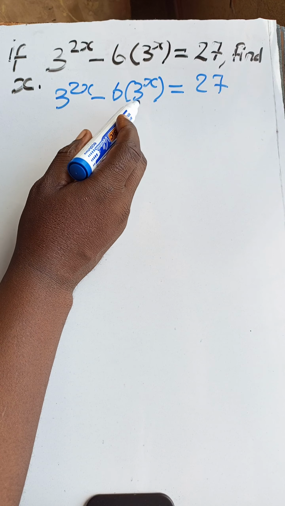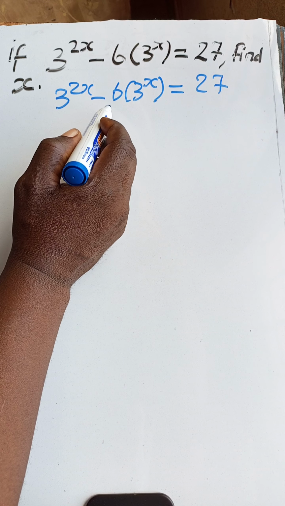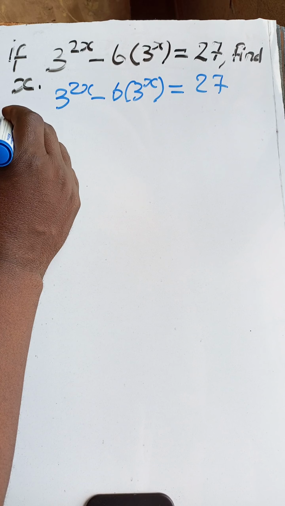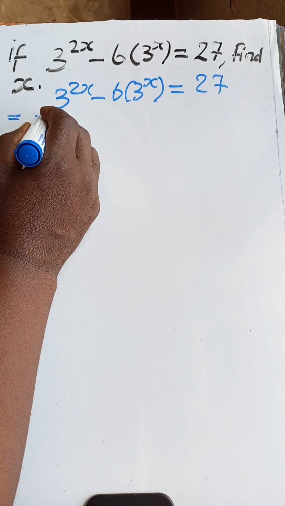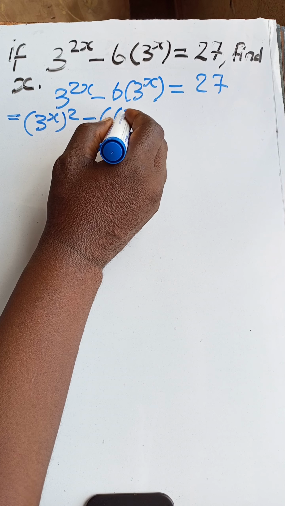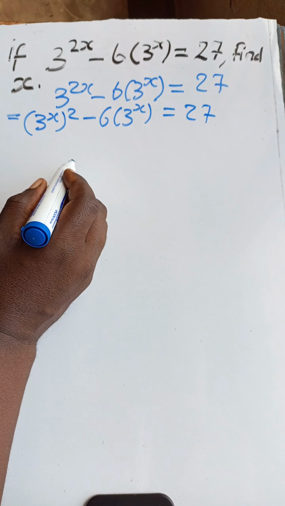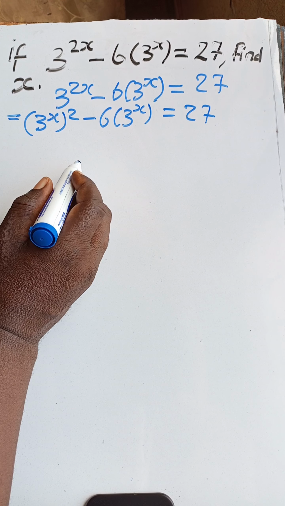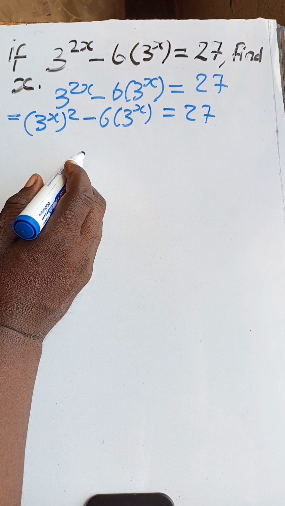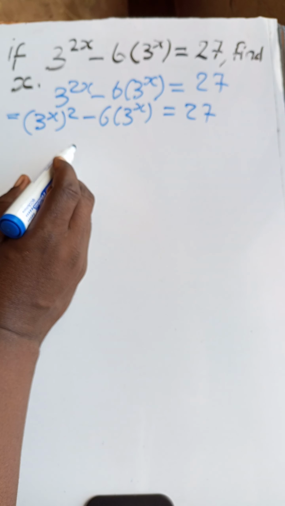We see here that we have an expression in terms of 3 to the power x. So let's write it out clearly. Now this is the same as 3 to the power x squared minus 6 into 3 to the power x is equal to 27. Okay, so actually it is a quadratic expression, but it is not very clear.